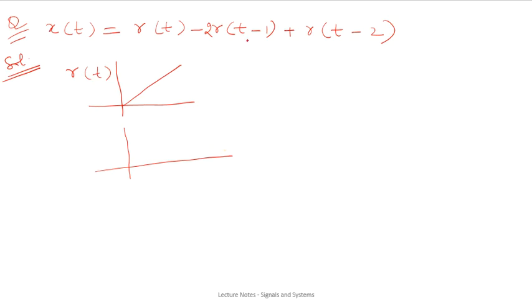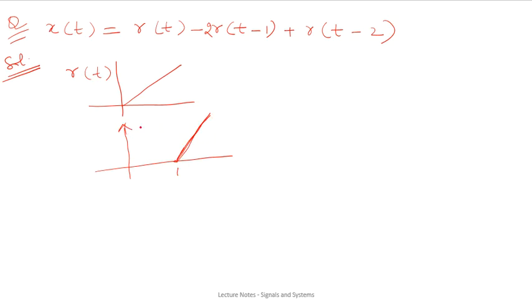r(t minus 1), this will be r(t minus 1), something like this, the shifted version. This will start from 1.